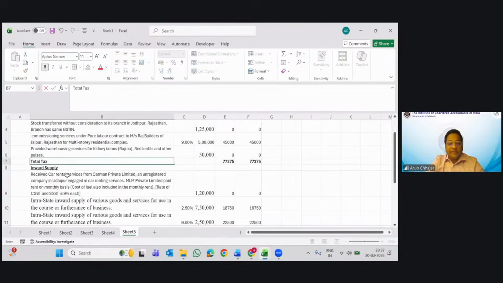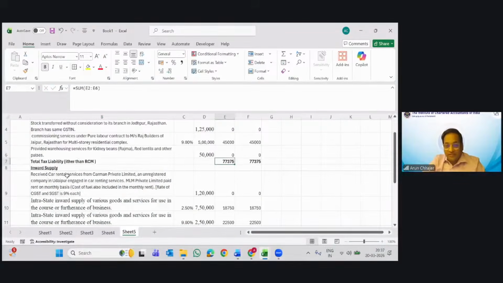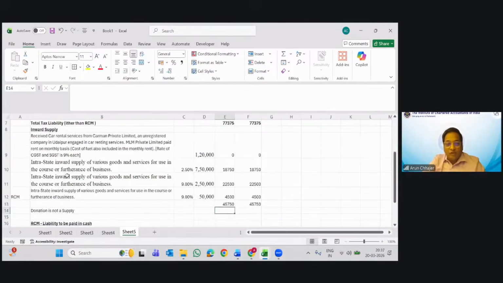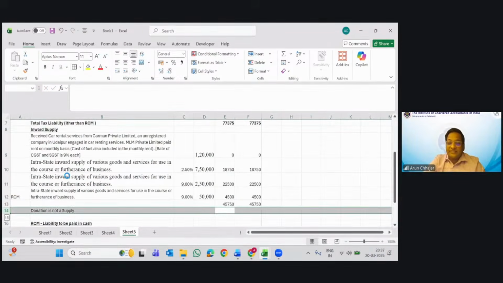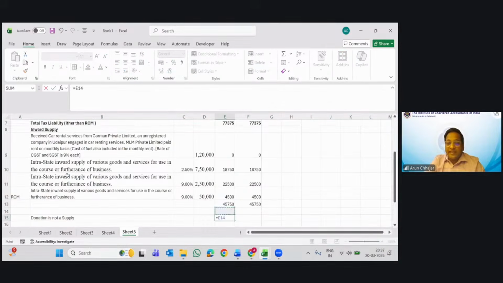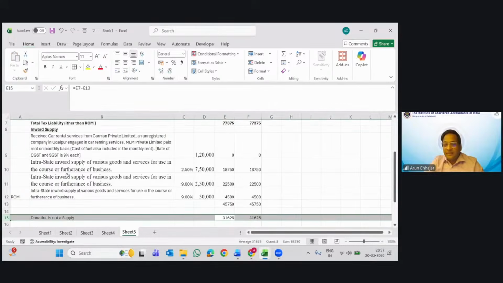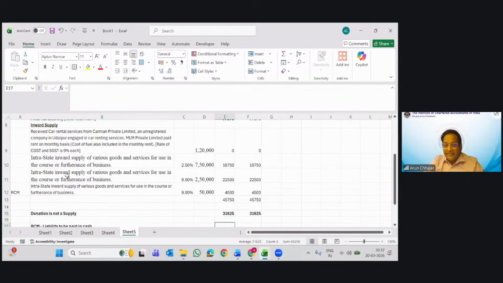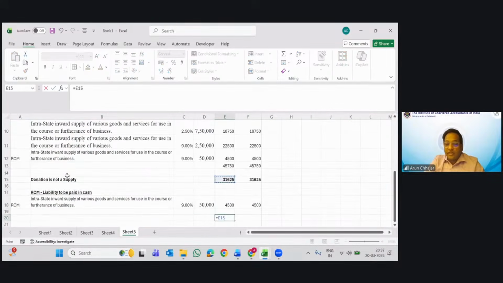Total tax liability other than RCM is this much. And there is an ITC. So how much amount they need to pay in cash? Can I say this much of the amount they need to pay in cash other than RCM? And this is the RCM liability. So the total tax liability would be this much.